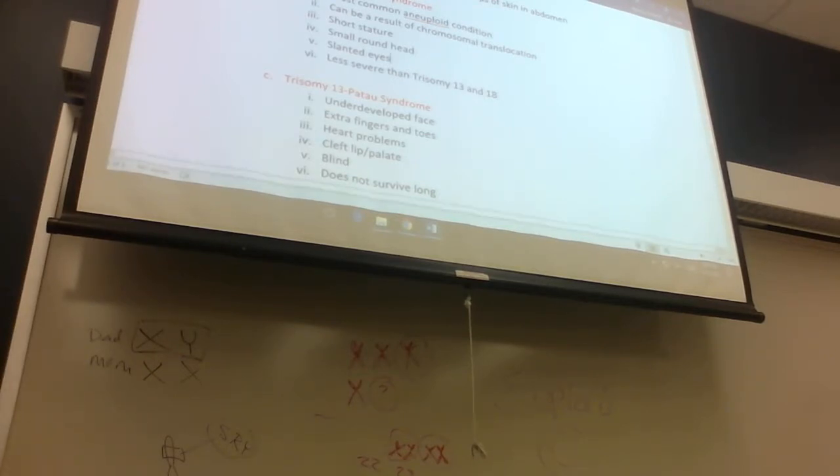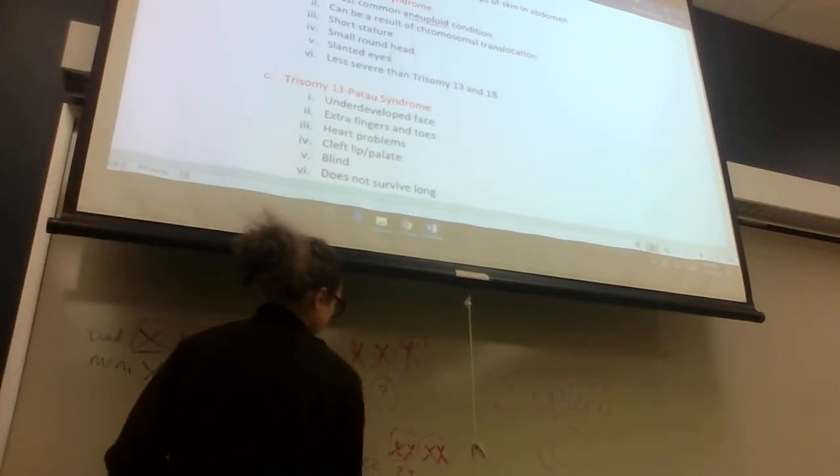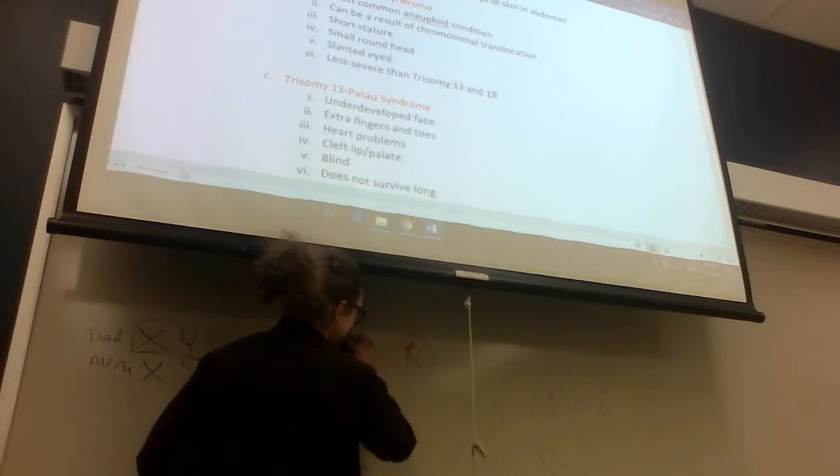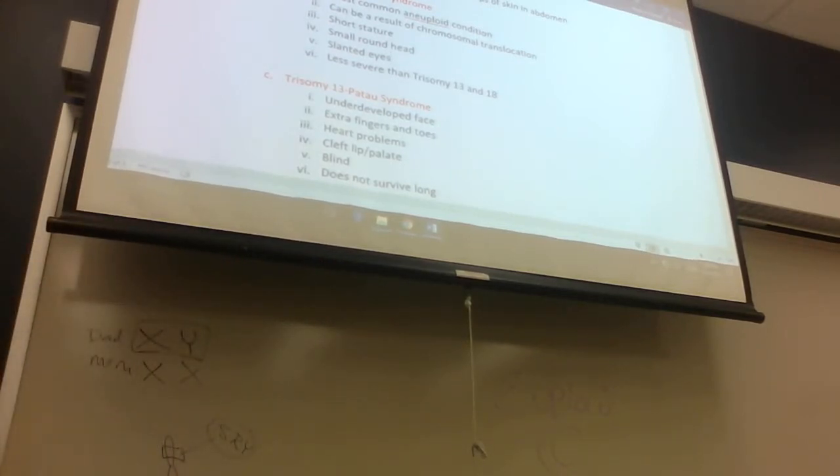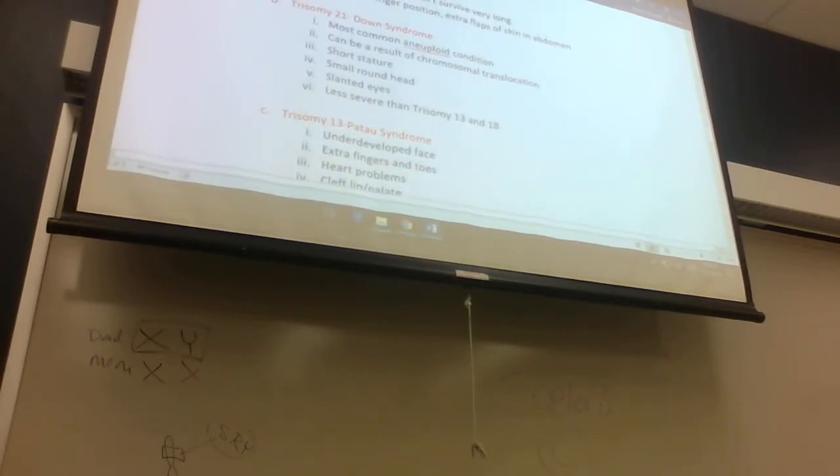So you have trisomy 18, trisomy 21, and trisomy 13. You have Edwards syndrome, Down syndrome, and Patau syndrome. Basically, you can look at a karyotype.